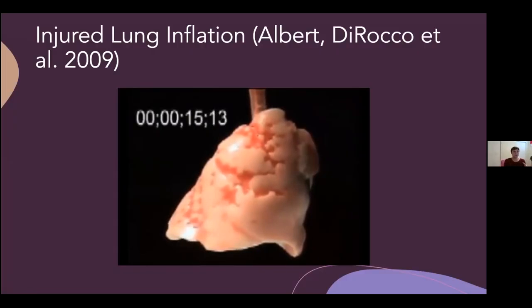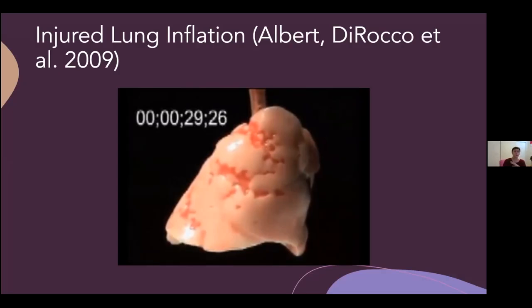This is pretty injurious for the lung because the areas that are already open are now being subjected to much higher pressures than they really should be. So when you have a lung that has lots of collapsed regions, it's quite hard to ventilate it properly, because you don't want to be overstretching the regions that can be opened, but you also want to open up as much as possible to facilitate the most gas exchange possible.